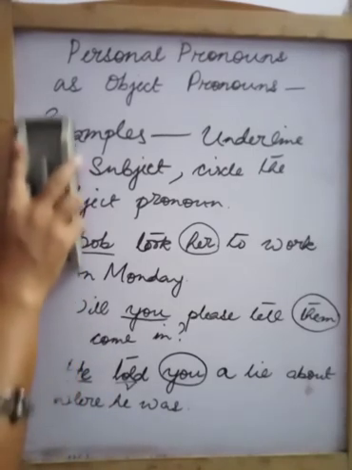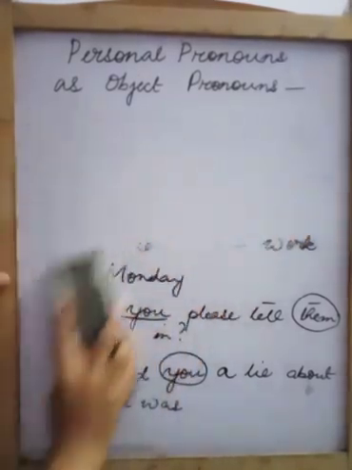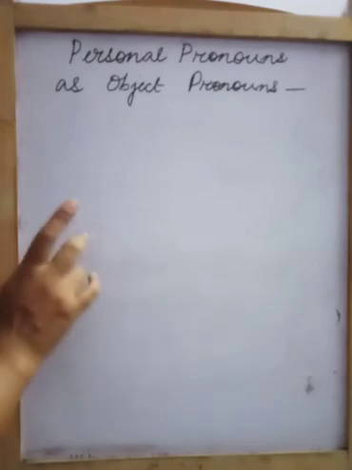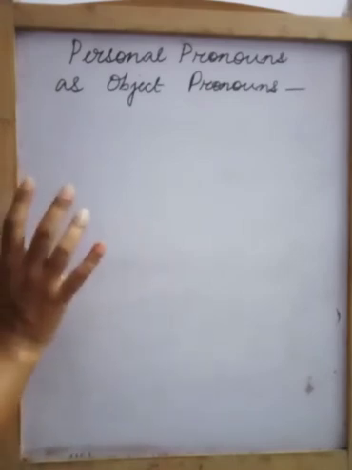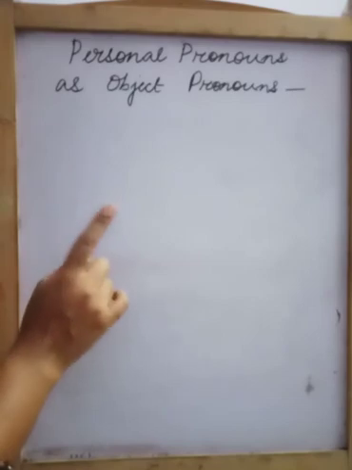Alright, let's see what we have next. Okay, so in a sentence, how will you identify the object? Very simple. When you see a sentence, you try to remember that the subject will be the one doing the action the verb describes, isn't it?